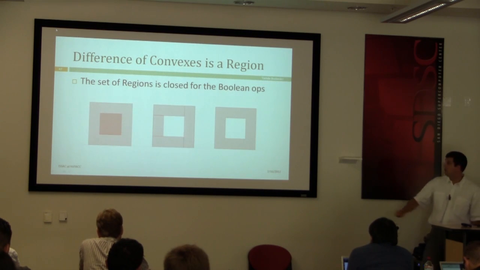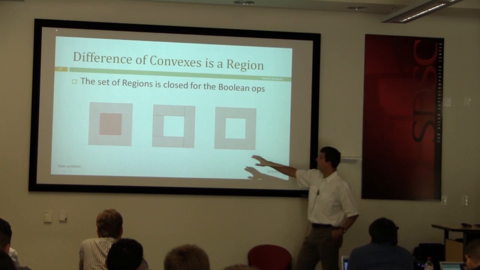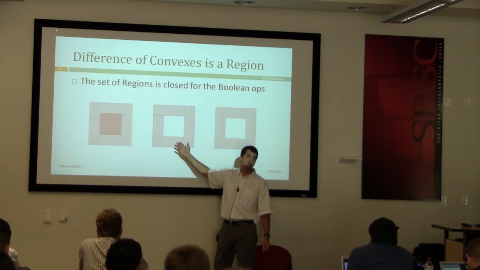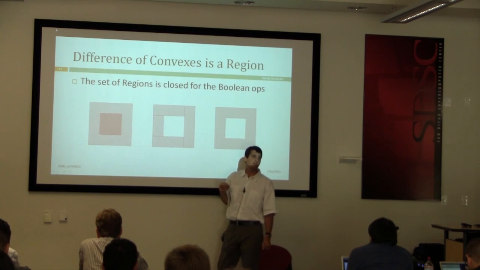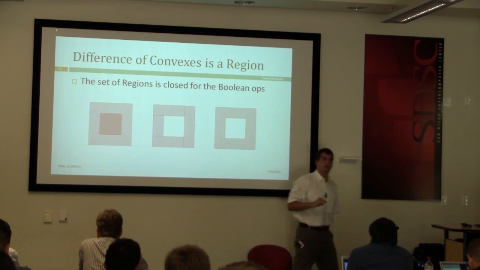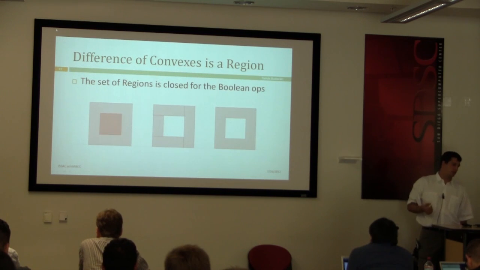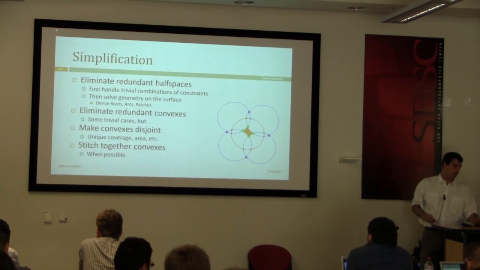The difference of two convexes right here ends up being 4 convexes in this case, which is a region. Okay, so a union of 4 convexes will be a region. Okay. Again, these things can be mechanically created. It's very simple to do and very powerful.